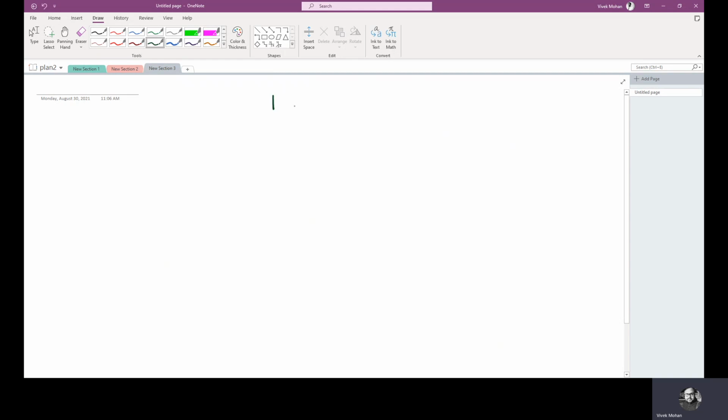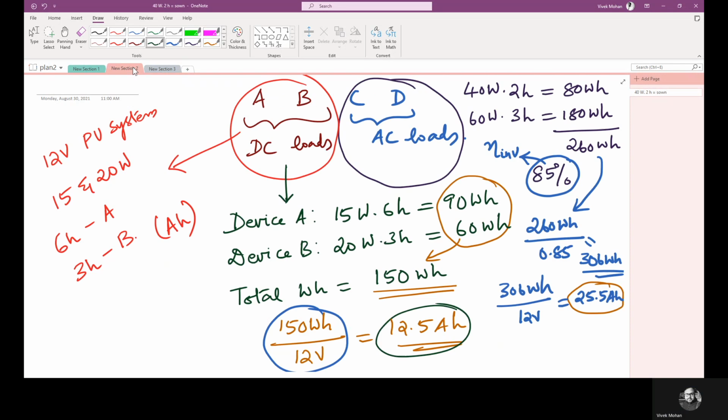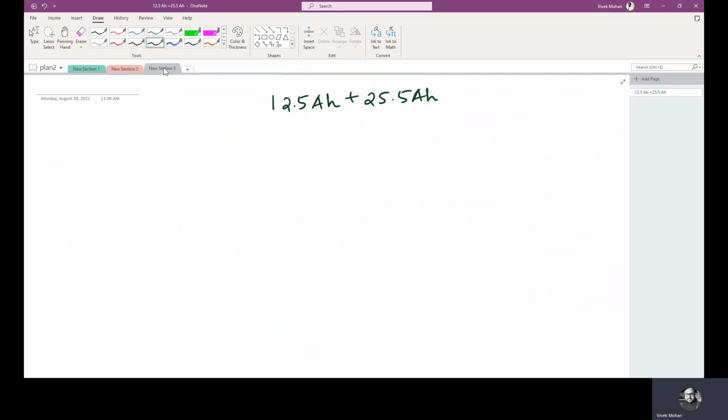So loads 12.5 Ah for DC and 25.5 Ah for AC, but this is in DC equivalent. Okay, so the total DC requirement is 12.5 plus 25.5.